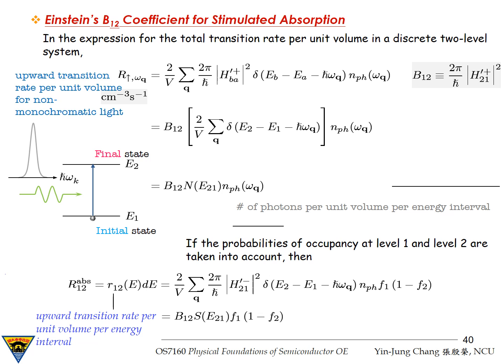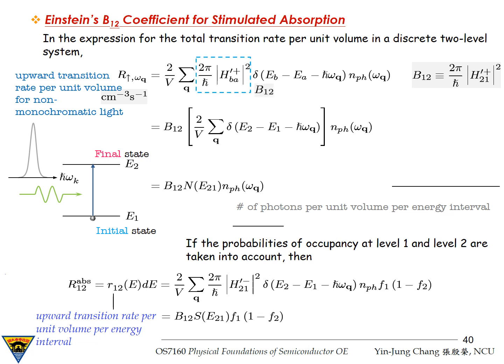For stimulated absorption, the rate is also proportional to the number of photons already present in that mode. This is why the photon occupation factor N sub ph appears. More photons in the resonant mode means a higher probability of absorption.